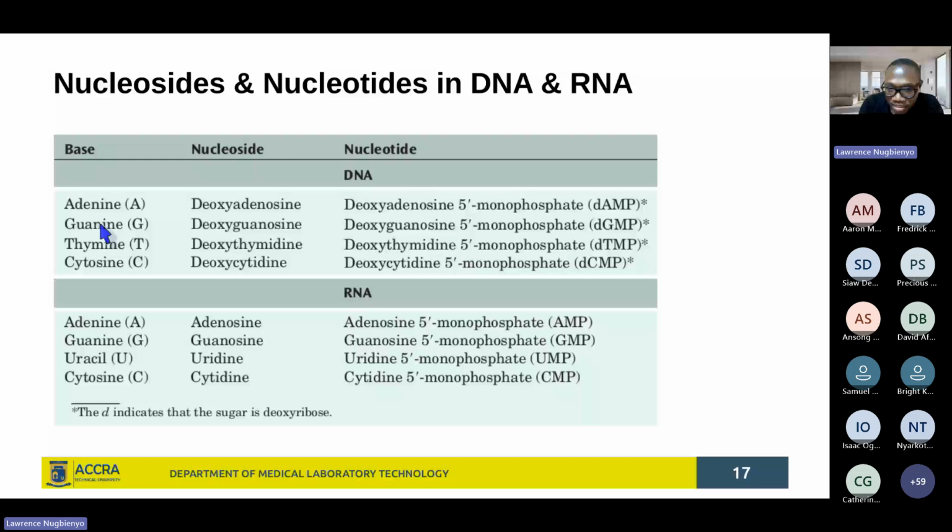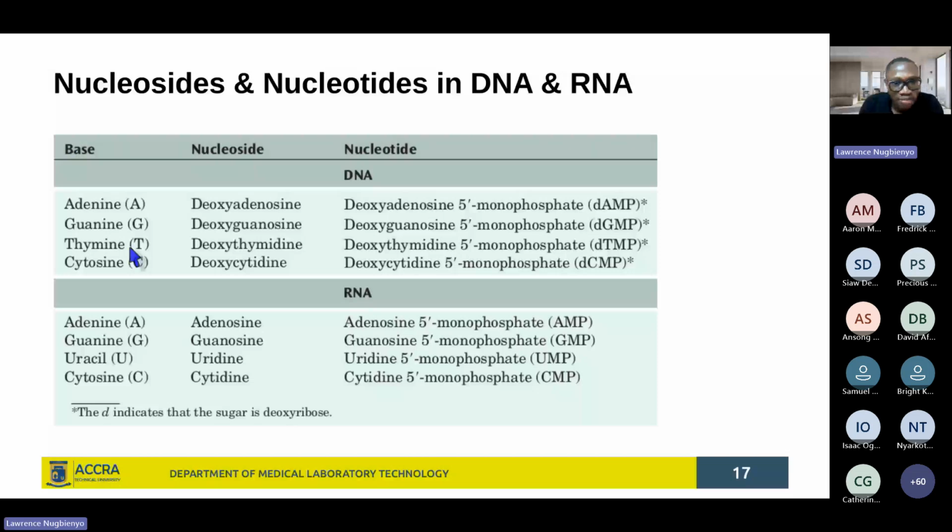We look at 5 bases, but we said in DNA you have thymine, and in place of thymine you have uracil in RNA. So in each of these nucleic acids, you have 4 bases. In DNA, you have adenine, guanine, thymine, and cytosine.